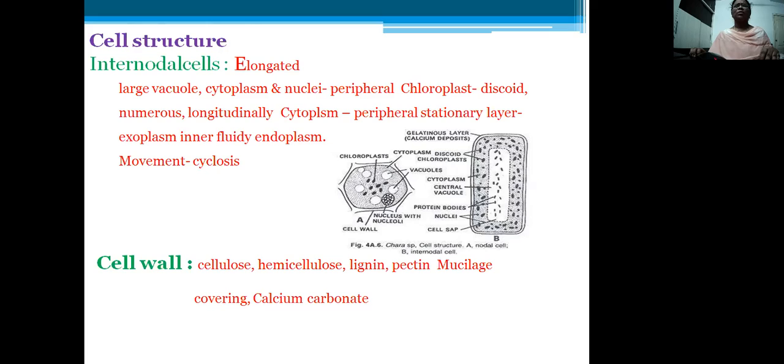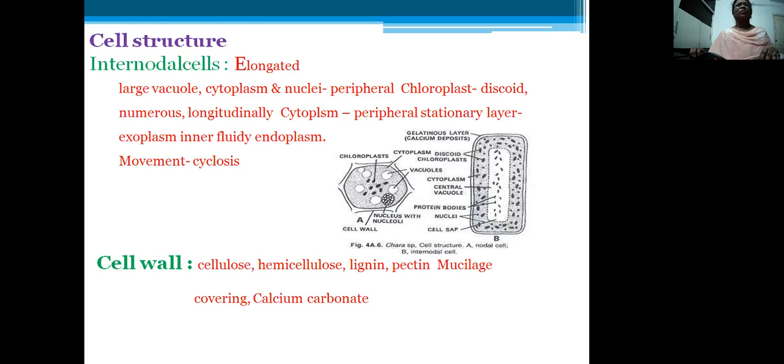Inside the cytoplasm, there are many discoid, disc-like chloroplasts. These chloroplasts have chlorophylls, but no pyrenoids are present. The chloroplasts present in this cytoplasm are numerous and longitudinally arranged.